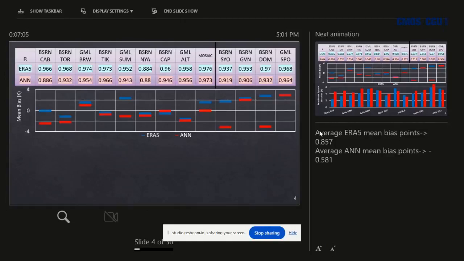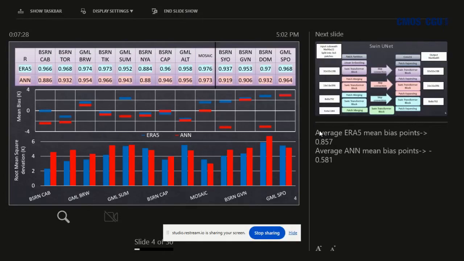But I'm pretty happy that the comparison of the single pixel neural net to ERA5 is about the same. If you take the average of all of these data points, I think ERA5 was about 0.8 overall bias, and then the ANN retrieval was like negative 0.5 or something like that. So it's not really obvious that one of them is outperforming, except for that low latitude station.